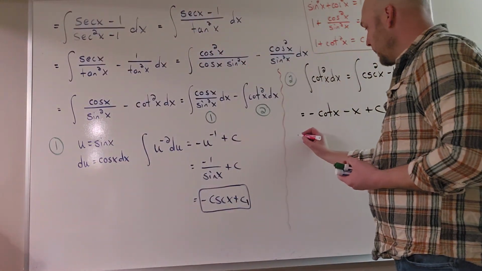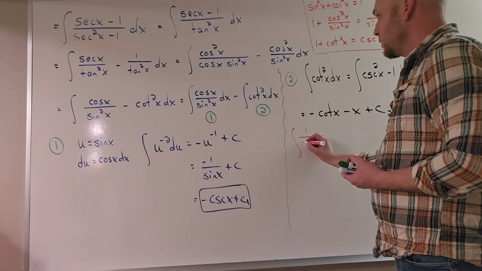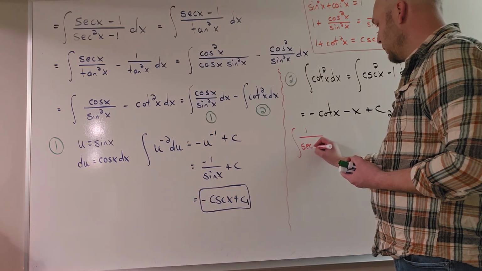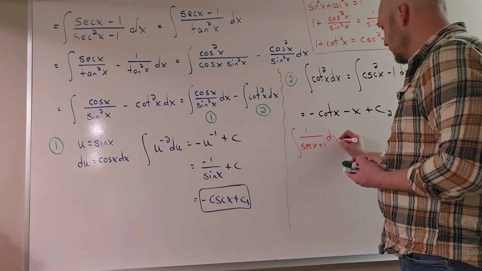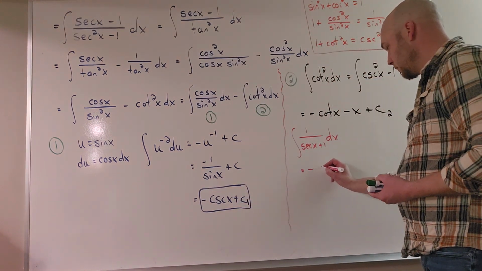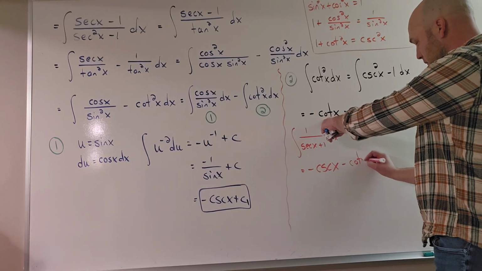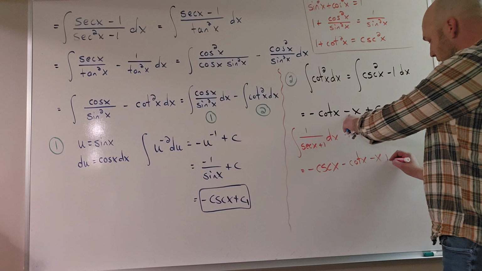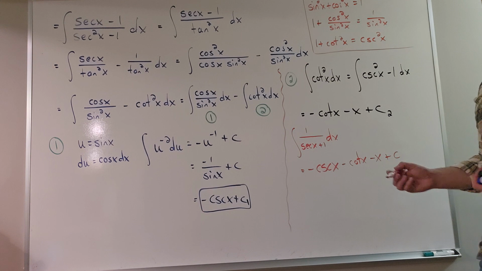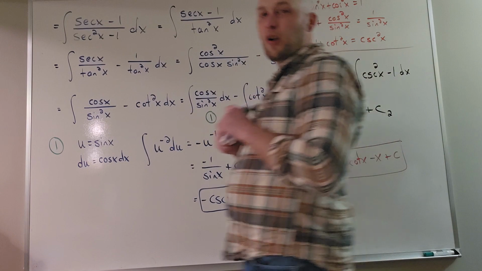The integral that we started with, 1 over secant x plus 1, would then be equal to negative cosecant x minus cotangent x minus x plus some constant c, where c would be a combination of c1 and c2. So that's how you compute integrals using a Pythagorean conjugate.